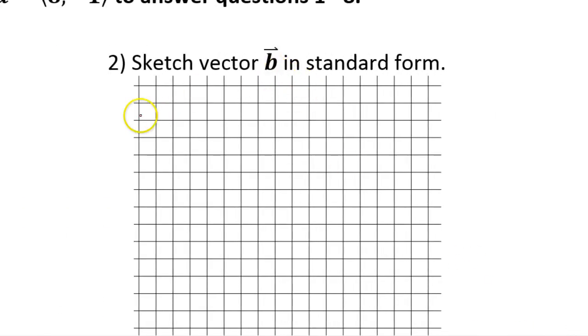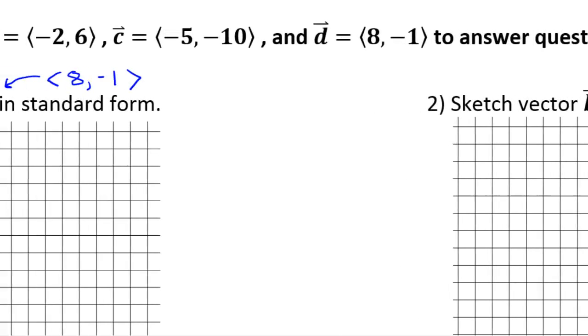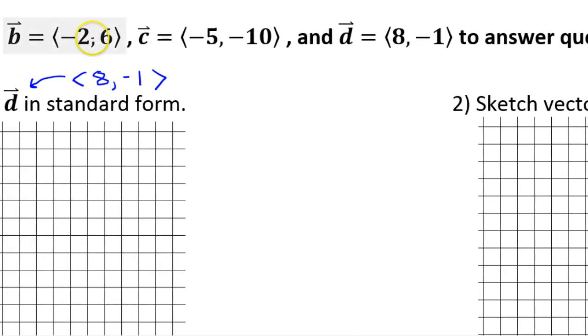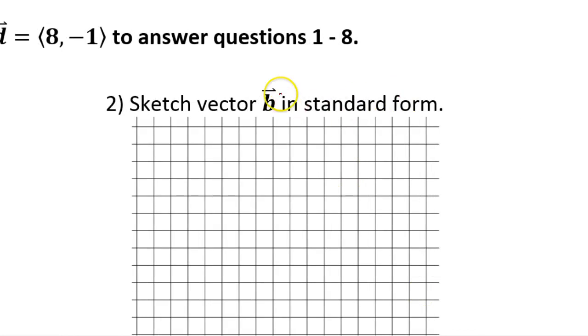Now this problem is about vector b, so I need to look and see what vector b is. Vector b is negative 2 comma 6. So let me just write this down so I won't forget. Negative 2 comma 6.